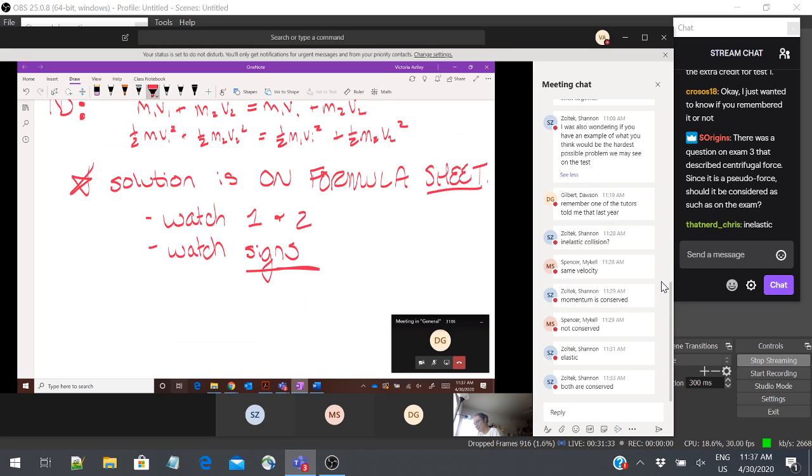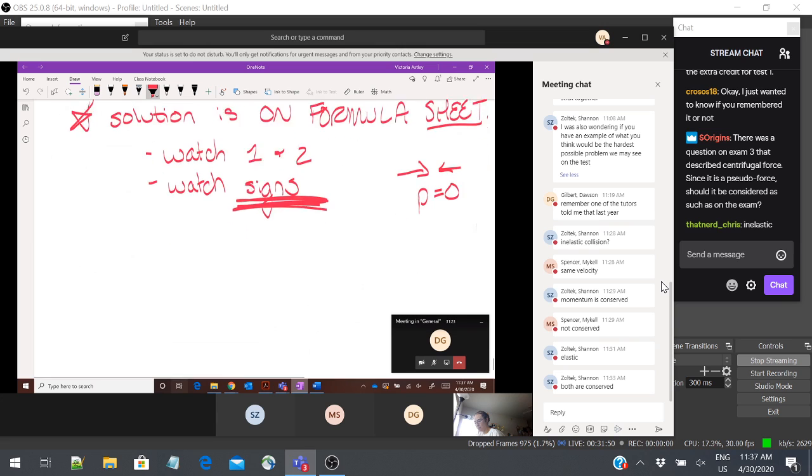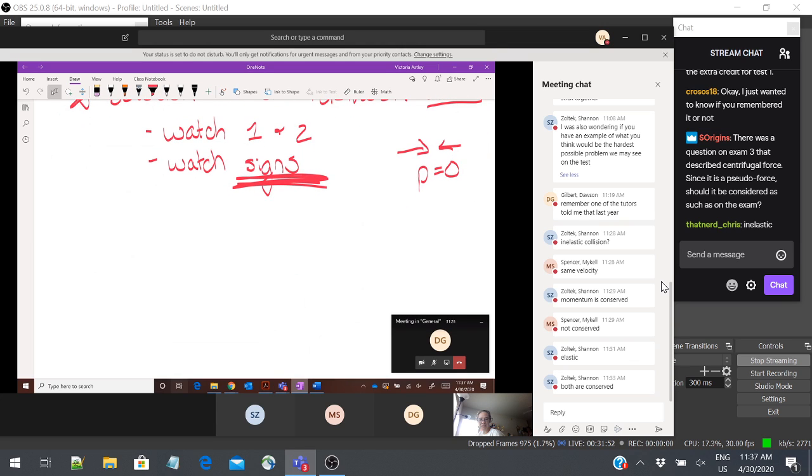Because remember, signs matter for momentum, plus and minus. If you have two things coming in like this with equal momenta, their total momentum is 0 because signs matter. Okay. Questions about this?